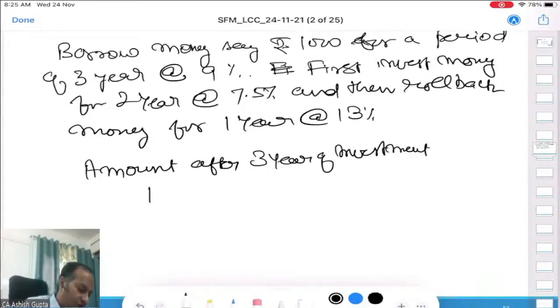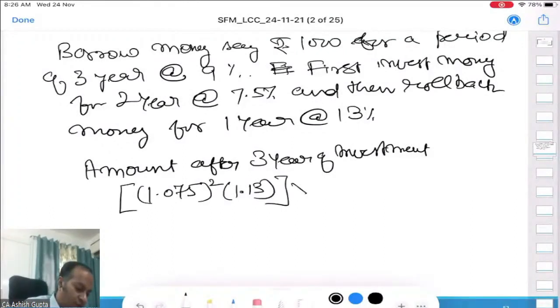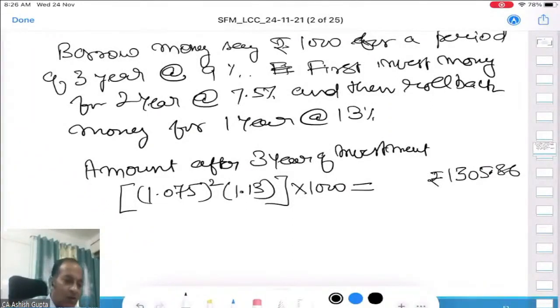How much? Initially, I will make the investment at 7.5% for the 2 years. Then another investment I will make at 13%. The resultant sum will be 13.5.086. Now repay the loan.